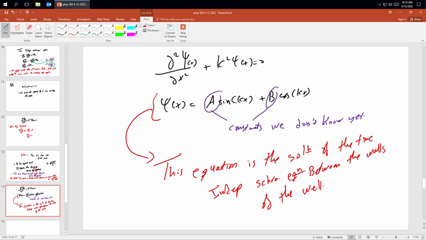Alright, so we're proposing that psi of x equals a sine kx plus b cosine kx. A and b are the constants that we need to find in order to solve this. Okay? Alright, perfect. Let me go ahead and write this down.